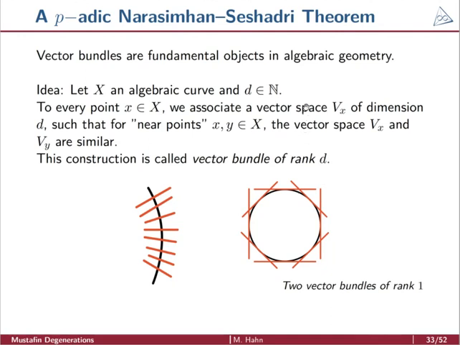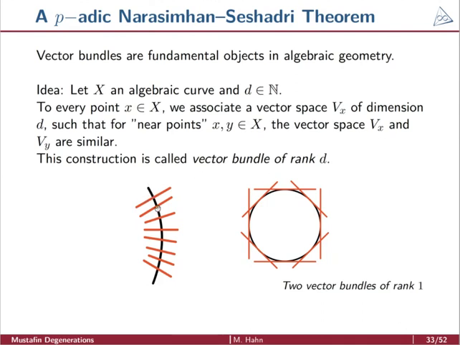We fix an algebraic curve X and a positive integer d. To every point x on this algebraic curve, we associate a vector space Vx of dimension d, such that for near points on this algebraic curve, the vector spaces Vx and Vy are similar. And this construction is then called a vector bundle of rank d.